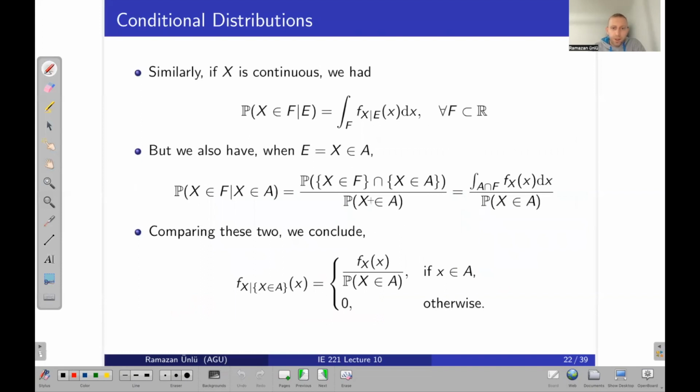If the case is a continuous random variable, the logic is the same. In this case, we will use integration.